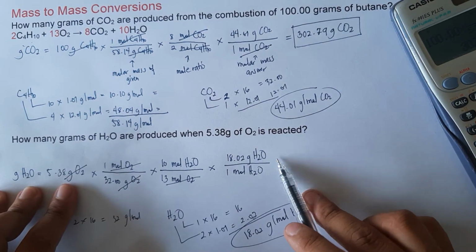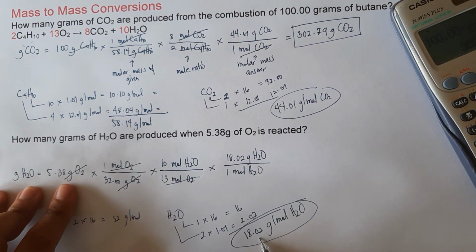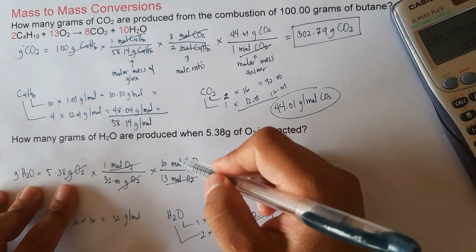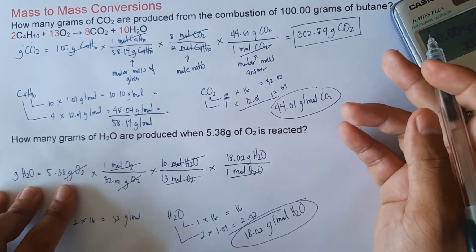In-expand ko lang po. Ang ibig sabihin po kasi nito, in every 1 mole of water, meron tayong 18.02 grams. Ganun lang din yon. Ginawa ko lang ganito para makancel natin si unit.